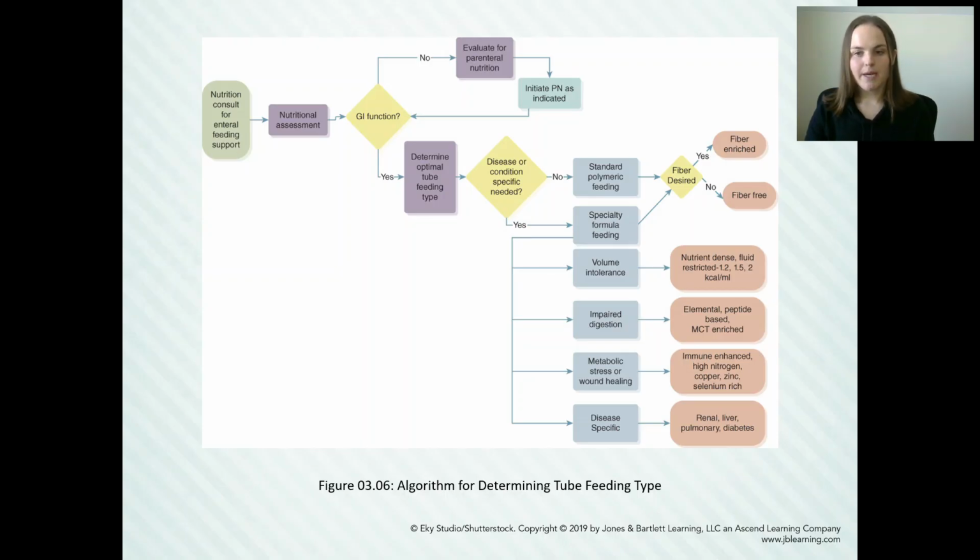If a patient has impaired digestion or malabsorption, an elemental or semi-elemental formula might be indicated. And then if they have major metabolic stress or wound healing needs, an immune type formula might be indicated. So again, there's those types of formulas, and then there's just disease-specific formulas like liver, pulmonary, and diabetes formulas, which may or may not be indicated.